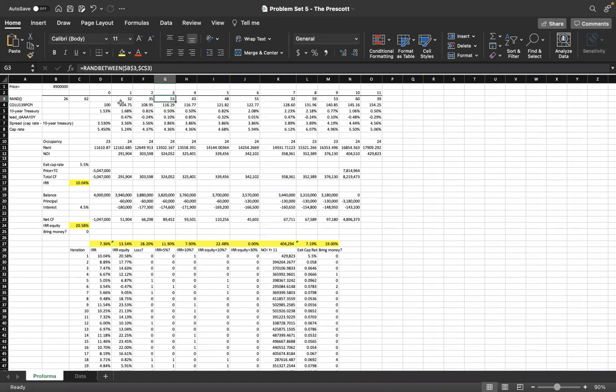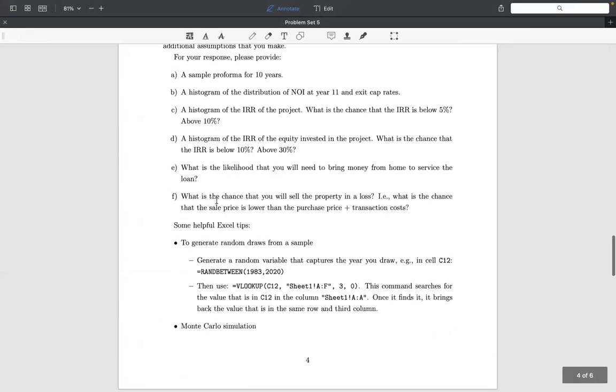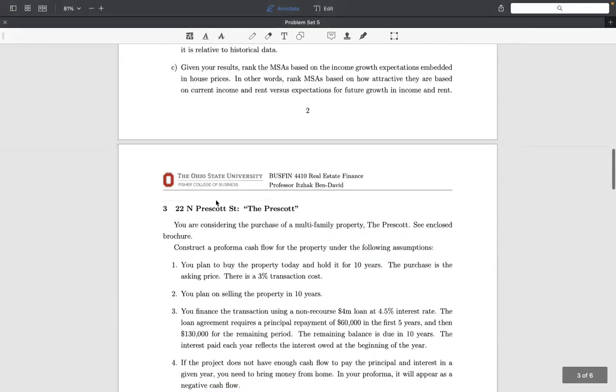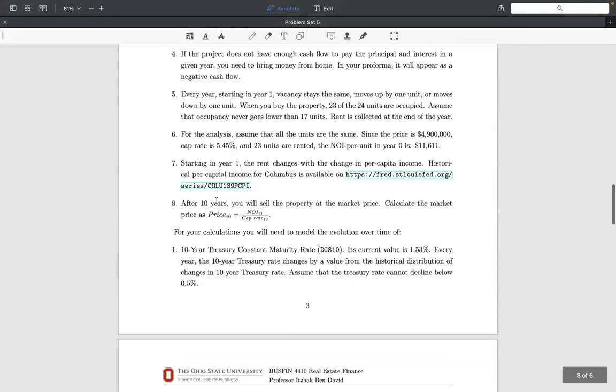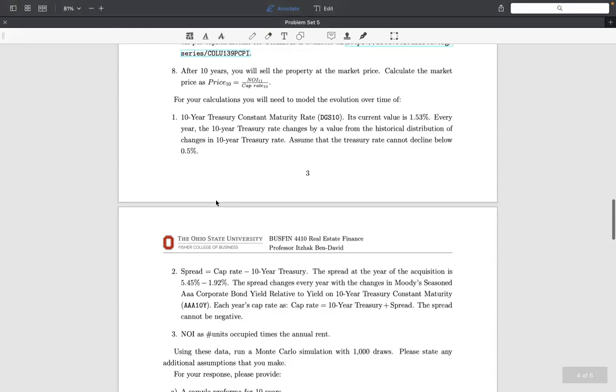And similarly, for the treasury change, the starting point is 1.53%, which is given here. Let me see where it is. Yeah, so it's the 10-year treasury constant maturity rate. Its current value is 1.53%.